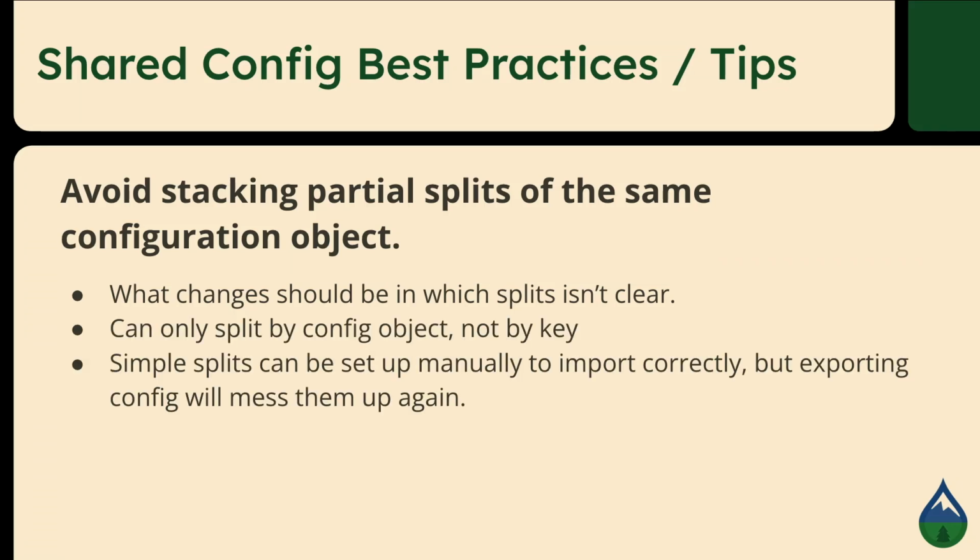You can set up simple config split patch files yourself so that they import correctly. But if you try to export them, then turn around and export them again, your carefully crafted patch files will be mangled.